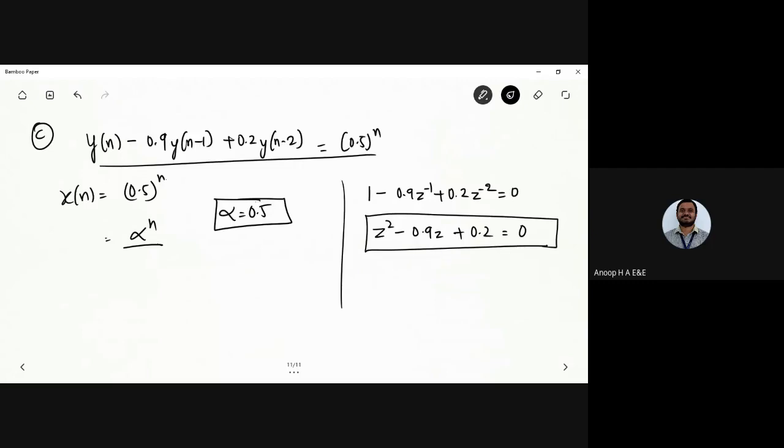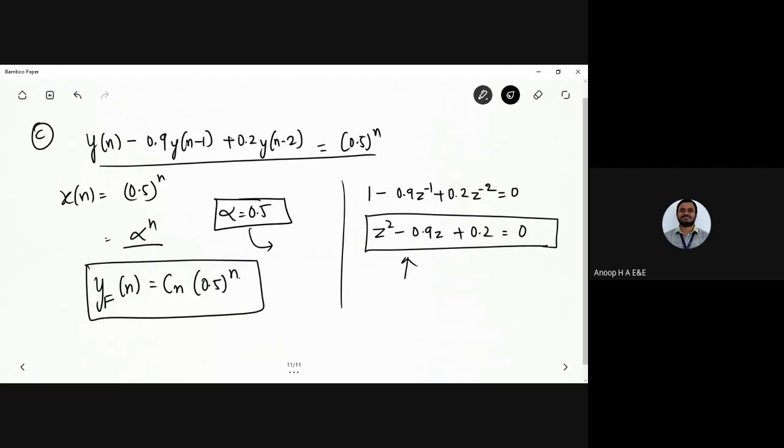You calculate the roots of the characteristic equation. Alpha equal to 0.5 is a repeated root, so the forced response of the system yf of n will be Cn 0.5 power n. Depending on the characteristic equation, this is the forced response.